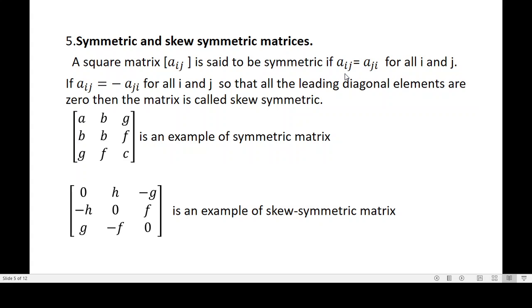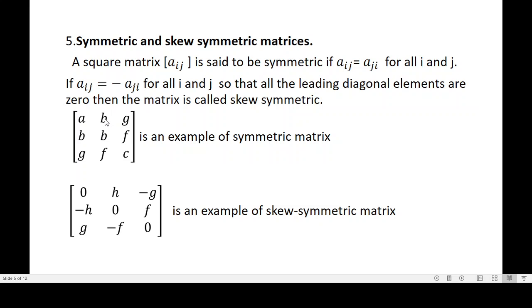That is, the ijth element is equal to the jith element for all i and j in a square matrix, then we say that such a matrix is symmetric. For example, consider a 3 cross 3 matrix: a, h, g; h, b, f; g, f, c. Now the diagonal elements are a, b, c.